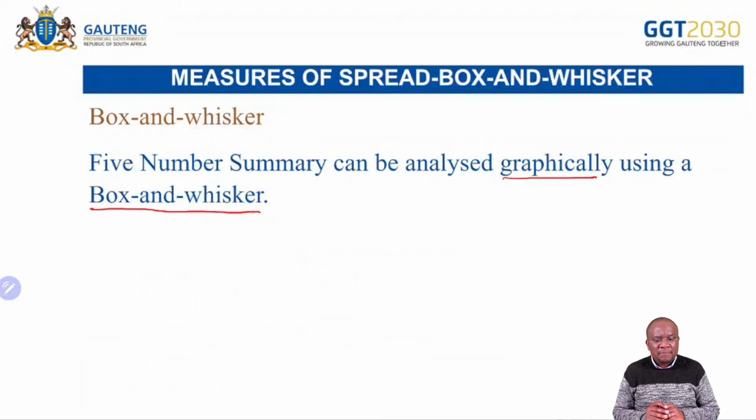The 5-number summary can be analyzed graphically using a box and whisker. What 5-number summary are we talking about? The minimum value, the lower quartile, the median, the upper quartile, and the maximum value. These 5 can be represented using a box and whisker.